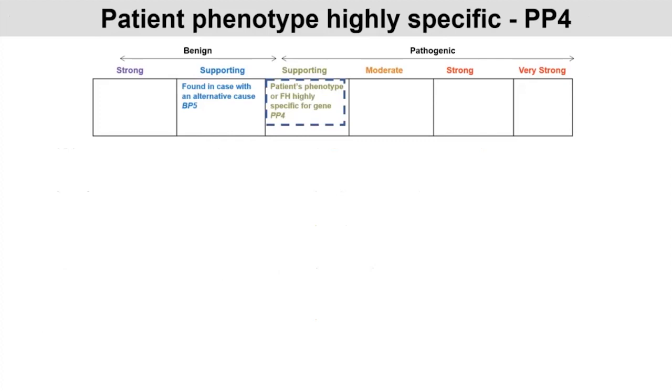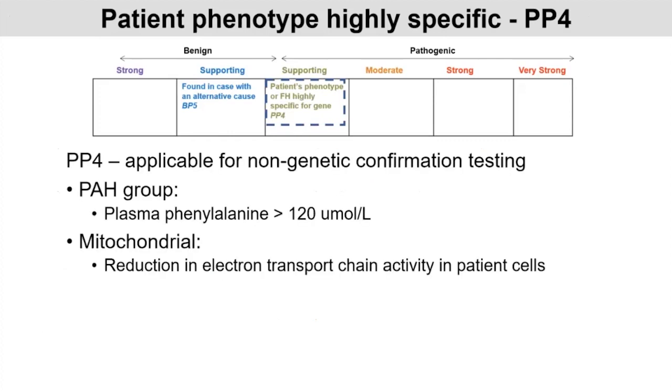So another criteria to discuss is this PP4 rule, pathogenic supporting piece of evidence for when you have a patient's phenotype or family history that is highly specific for the gene. From SVI, we have thought that this criteria could also be used when you have some non-genetic confirmation testing.